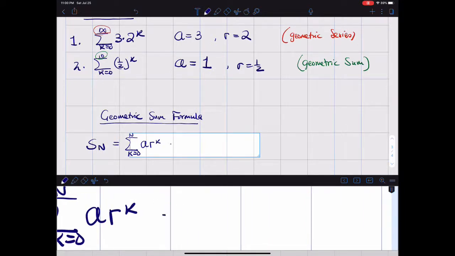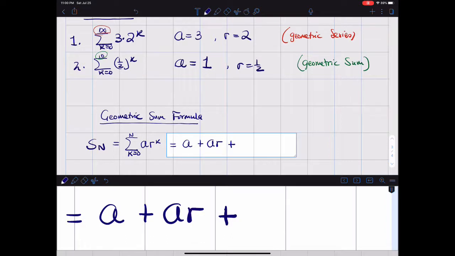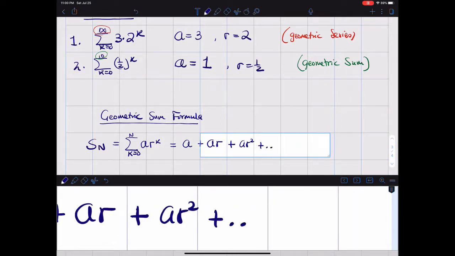When k is equal to 0, it's just a. When k is equal to 1, it's ar. When k is equal to 2, it's ar squared. And we keep going to the point where we have ar to the power of n, I think.